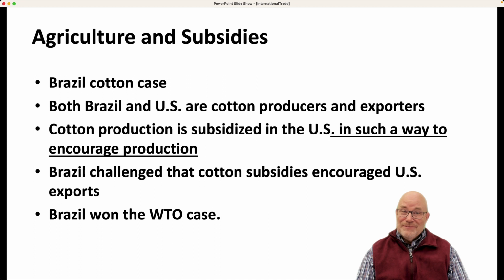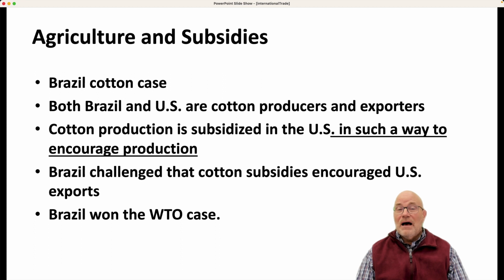One of the most famous, infamous cases in agriculture relates to cotton in the U.S. Both Brazil and the U.S. produce cotton, and they're both exporters. Cotton in the United States was subsidized in such a way that it encouraged production.